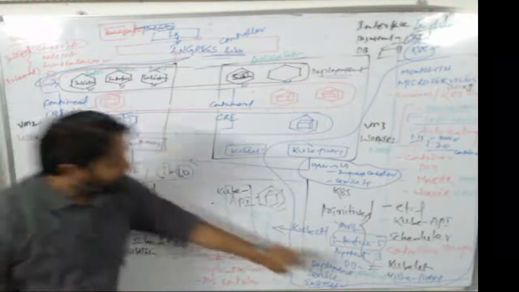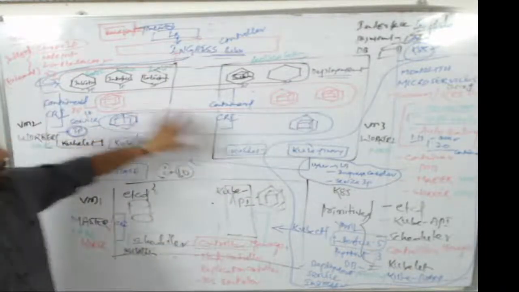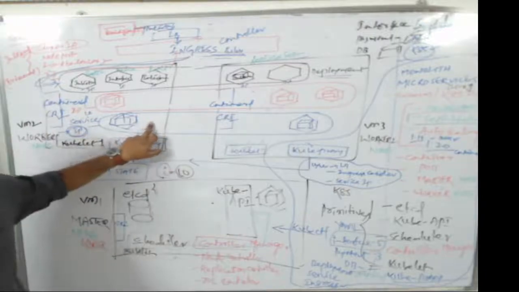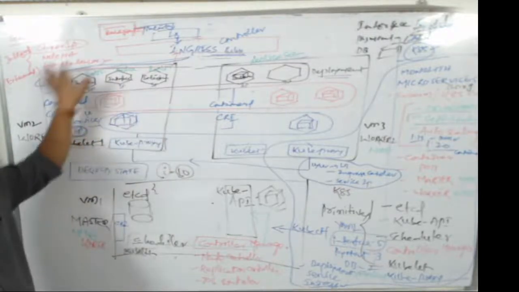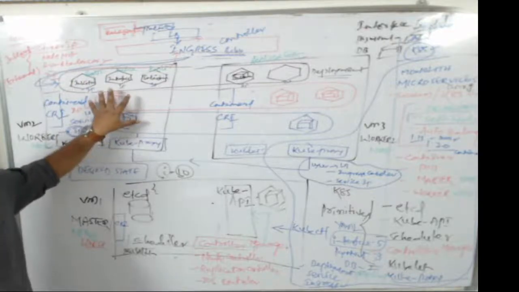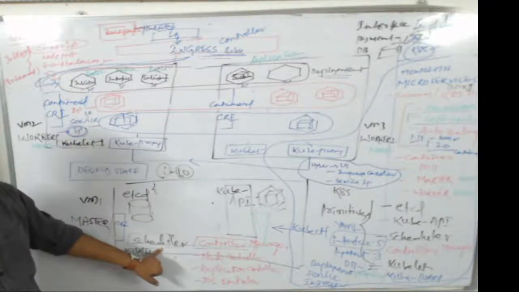Then it has to launch 3 payment pods here, which means these 2 also have to be launched here, and this one has to be launched here. That may or may not be possible. This node may not have sufficient resources to reach the desired state. At that point, it throws an error: insufficient resources.